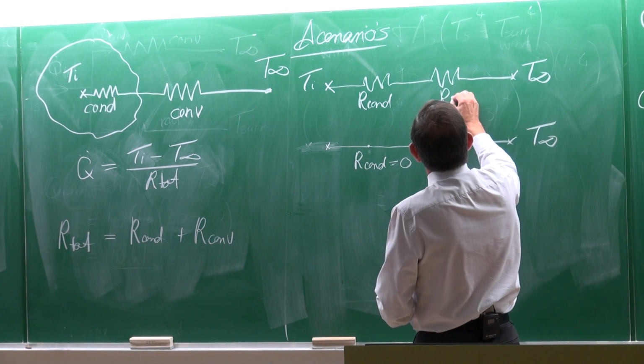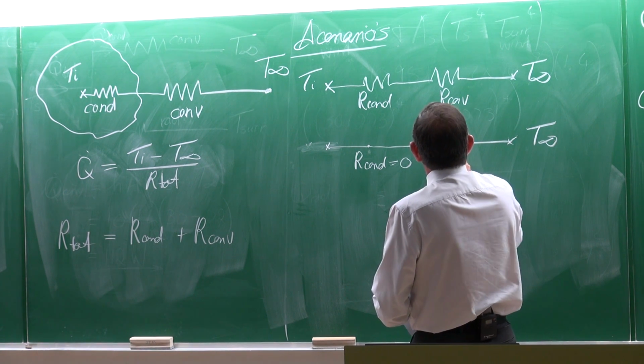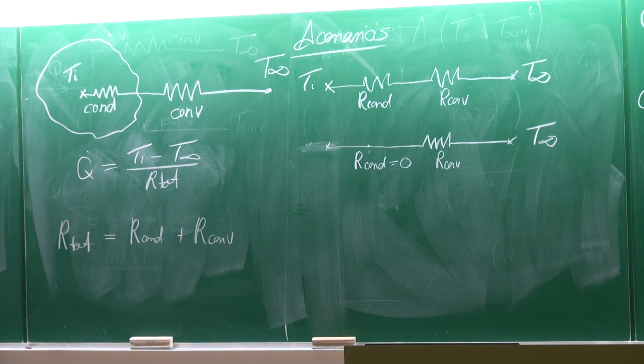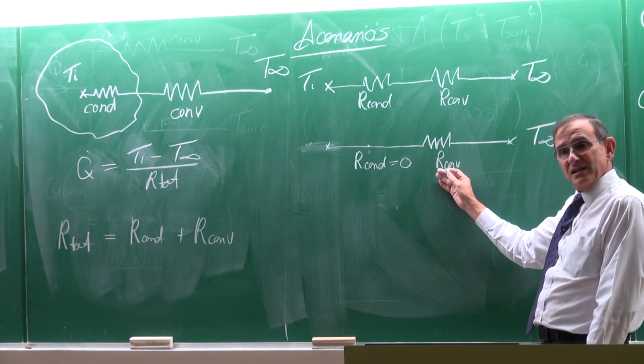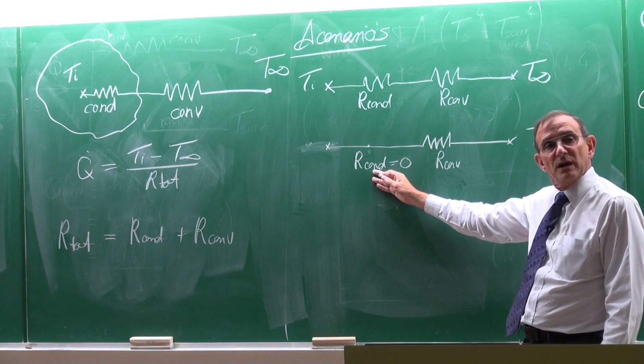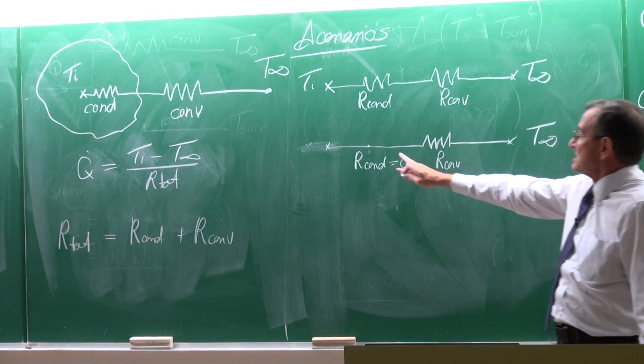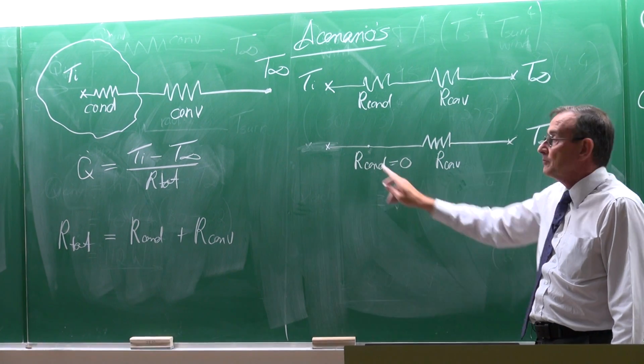And this one is going to be a value, maybe 100 or something like that. But in comparison with 100, this value is maybe going to be 0.001 or something like that. So that resistance is extremely small.